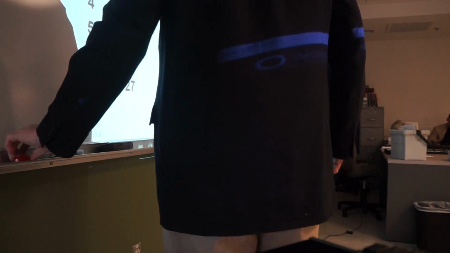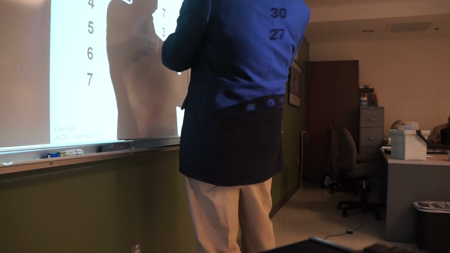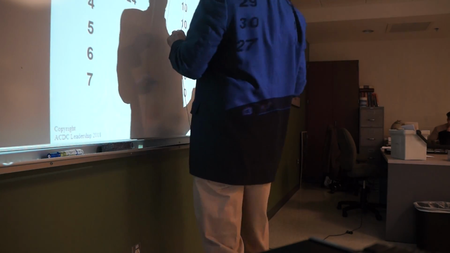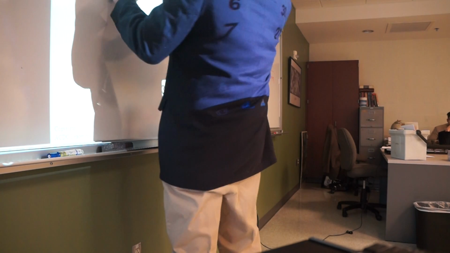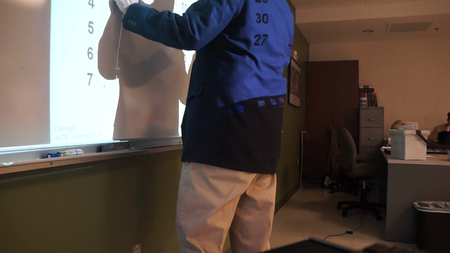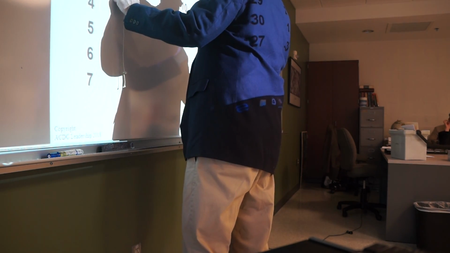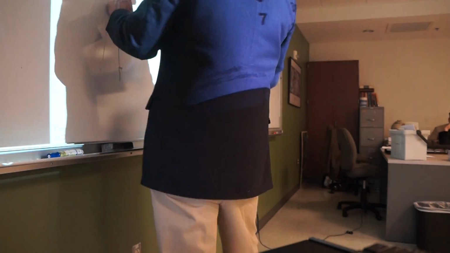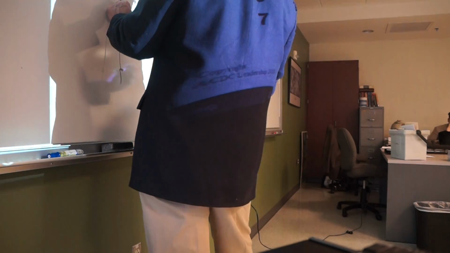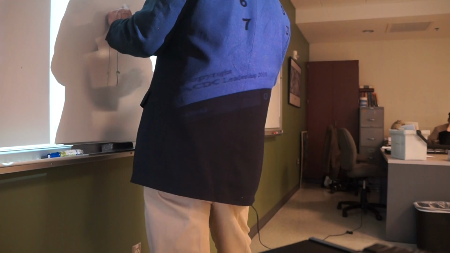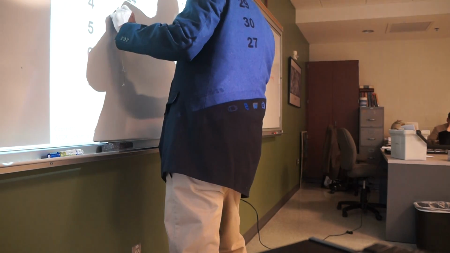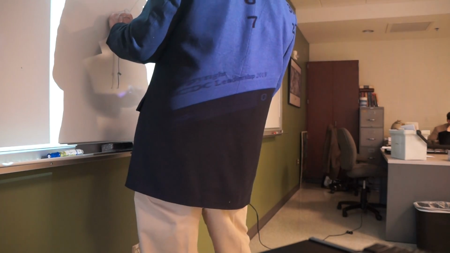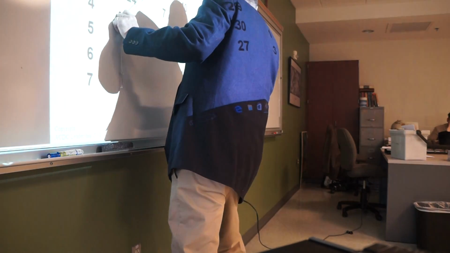So this should be 100. This should be 70. That should be 30. This should be 30. This should be 20. This should be 10. And then we're getting to negative 30.